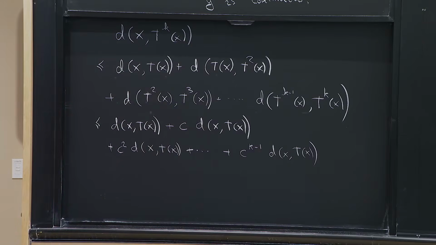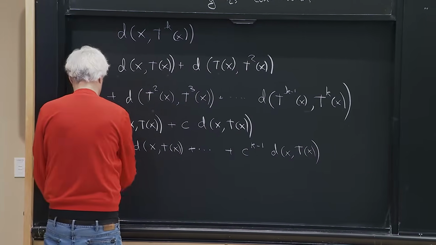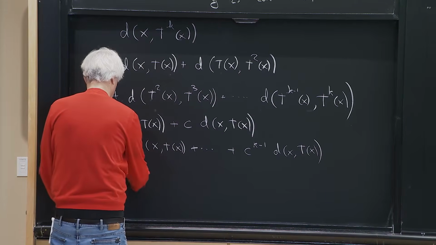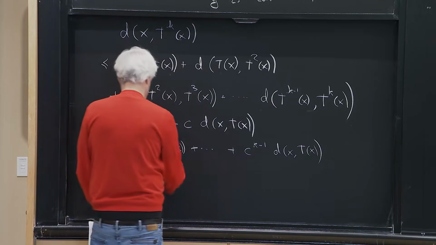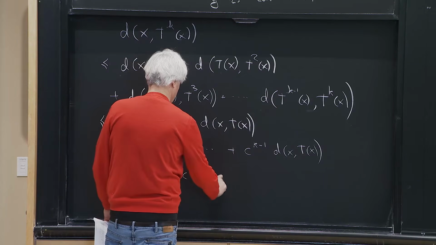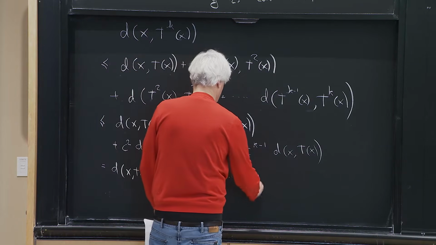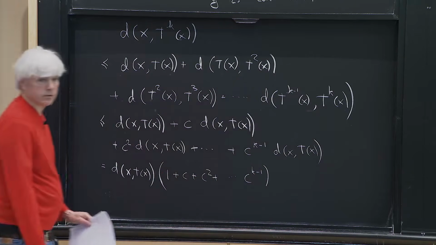And so you see that d(x, T(x)) factors out. Then in this bracket you get 1 plus c plus c squared, all the way up to c^(k-1). But this is a geometric series.